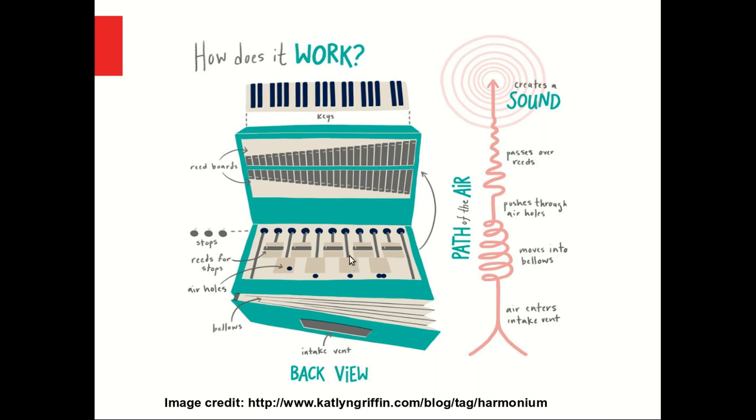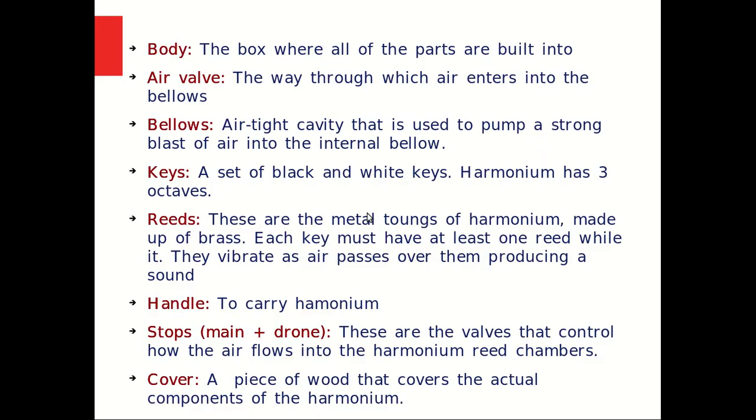Which part of the reed we want to vibrate will be decided by these keys. In this way, we can hear a very good sound from the harmonium instrument. So as I have said, the harmonium consists of the main body and the air valve through which air enters into the bellows.